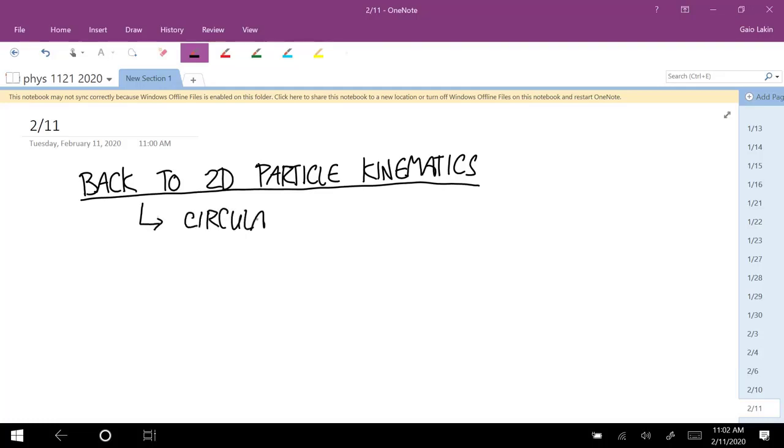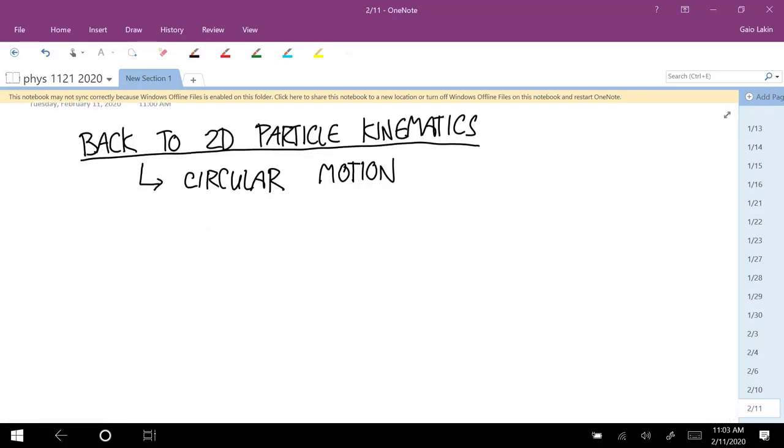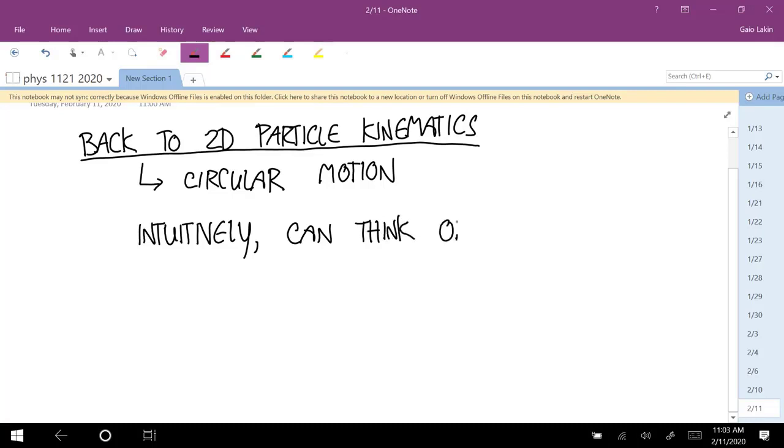called circular motion. So we're talking about some specific things that we know about objects that are moving along a circular path. And intuitively, you can think of the velocity and the parallel part of the acceleration and the perpendicular part of the acceleration the same way we did in that two-dimensional accelerations lab.